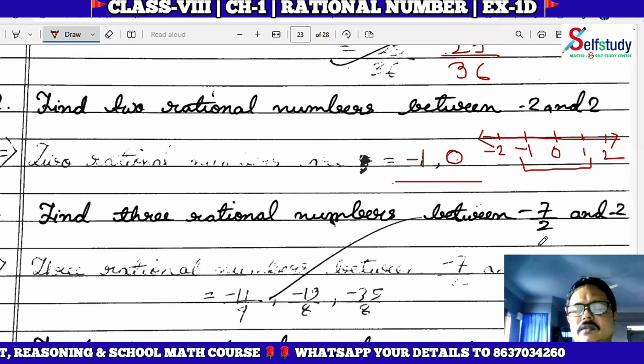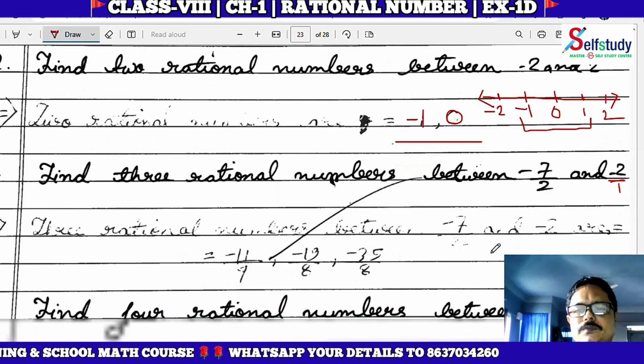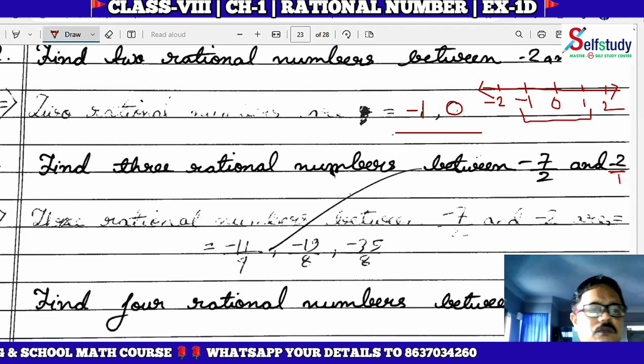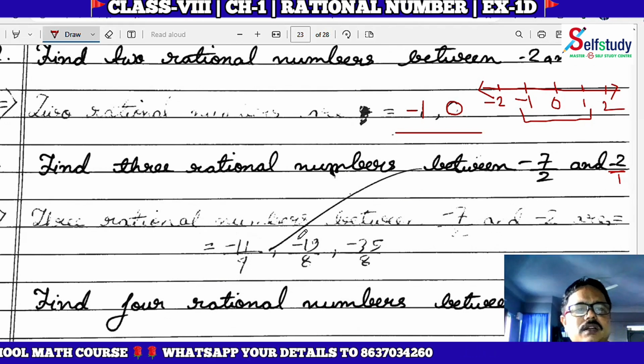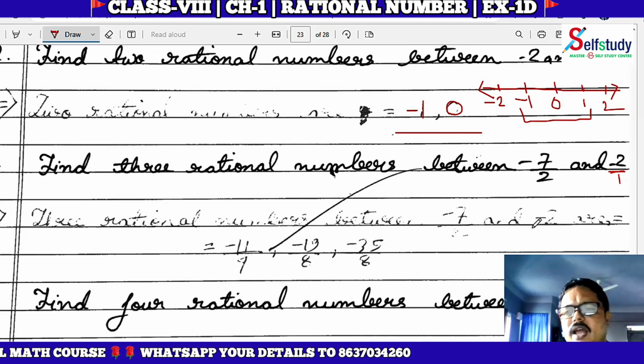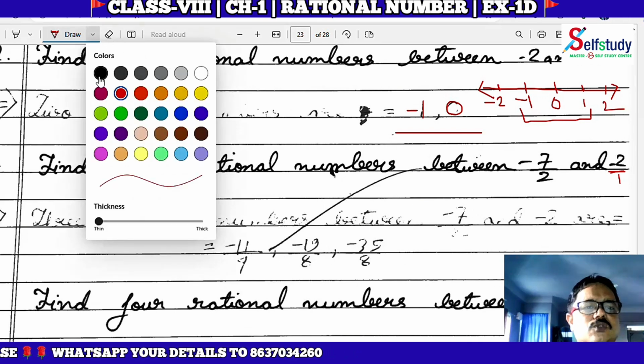Find three rational numbers between minus 7 by 2 and minus 2. So minus 2 by 1 this is. Okay. So what is that? Three rational numbers between minus 7 by 2 and minus 2 are this, minus 11 by 4. Actually here we need some working which is not shown here.